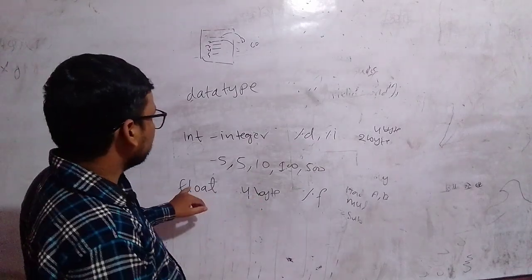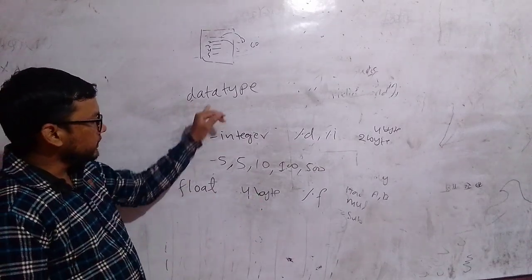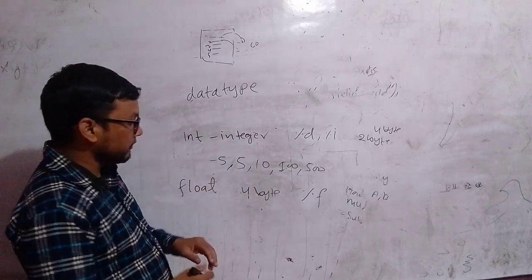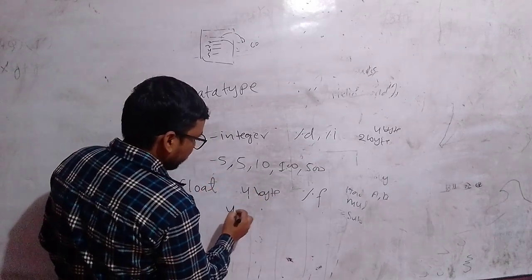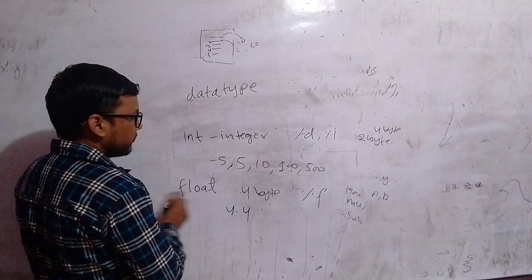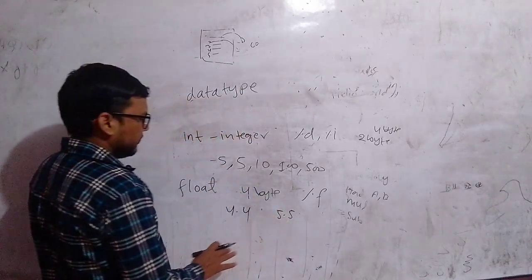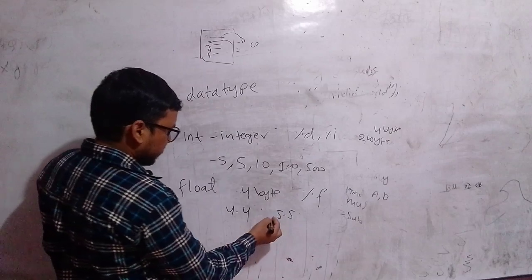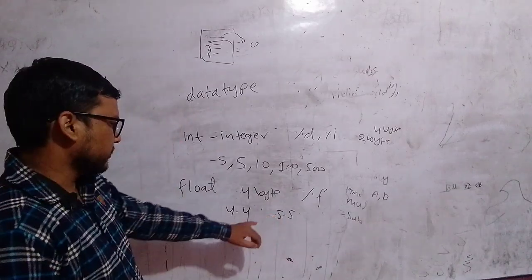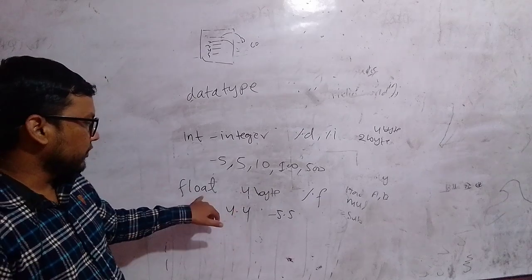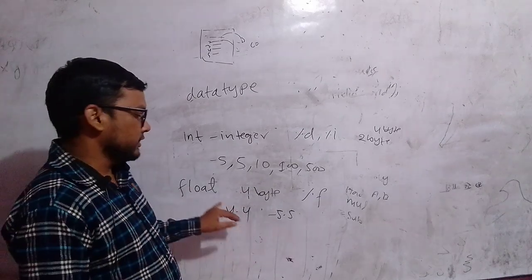Now, float is another data type. Int, integer does not contain the fractional part, float contains the fractional part. For example, 4.4 is a float number, 5.5 is a float number. We can also use minus numbers. Float can also use negative data because it is signed.